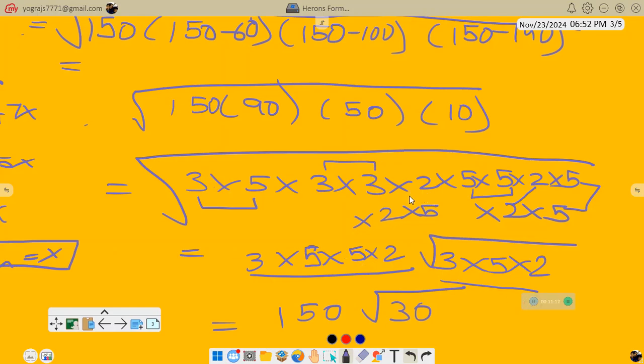Now let's again form the pairs. This would be a pair and this would be a pair. Now here we will get 5 times 2 times 5 times 3, which would be 1500. According to the units we have meter, so in area it would be meter square. Here is our answer.